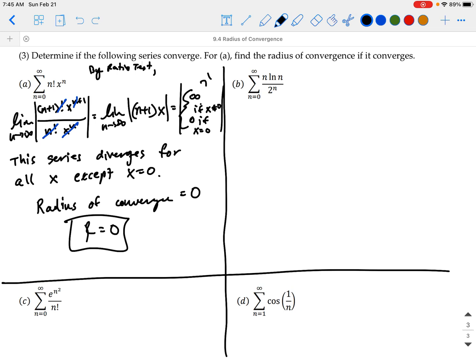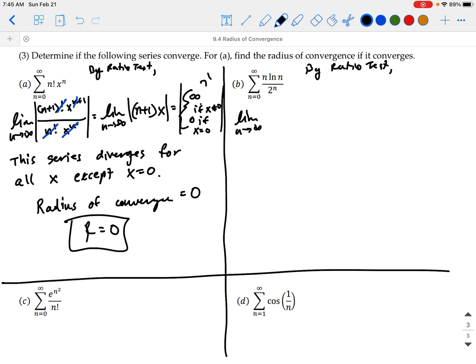All right, so for B, we've got a mixture of a linear term, a log, and an exponential. So it seems like this should probably converge because that 2 to the n is going to grow really, really fast compared with n and ln of n. So let's look at the ratio test.